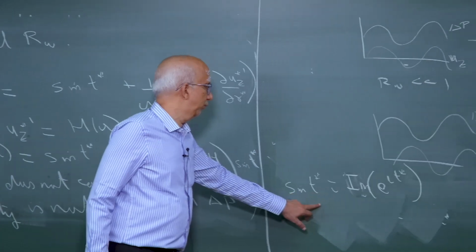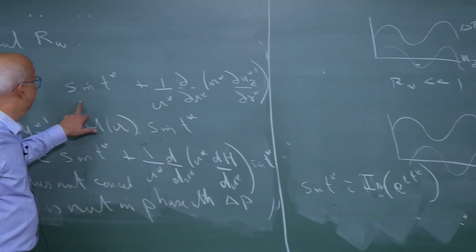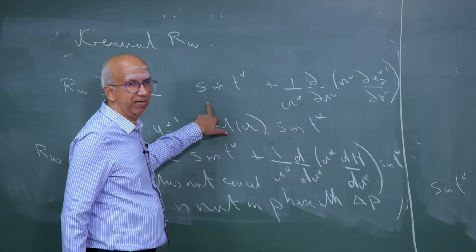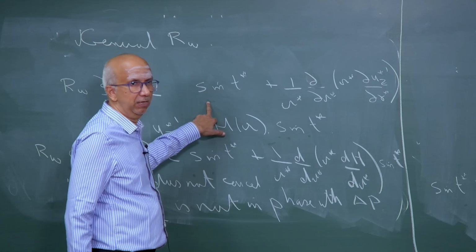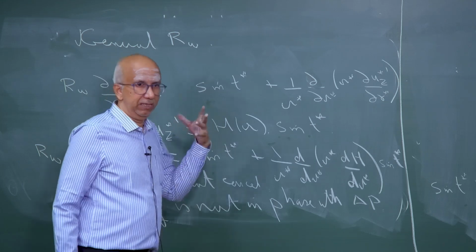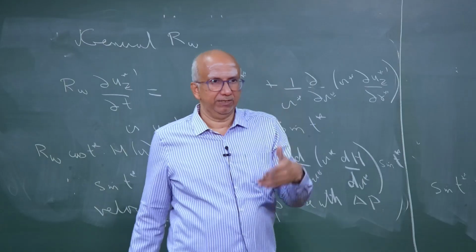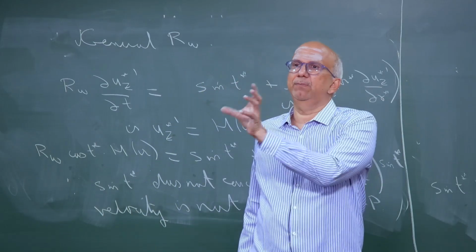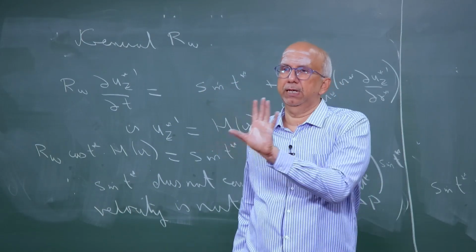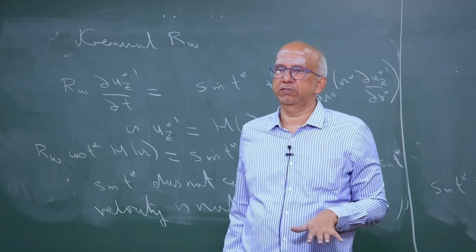So what I could do is solve this problem with e power i t star as my non-homogeneity. It is a complex number. I find the solution, I take the imaginary part of the solution, and that will give me the solution which is of interest to me.